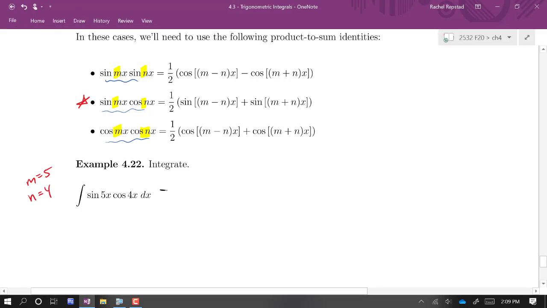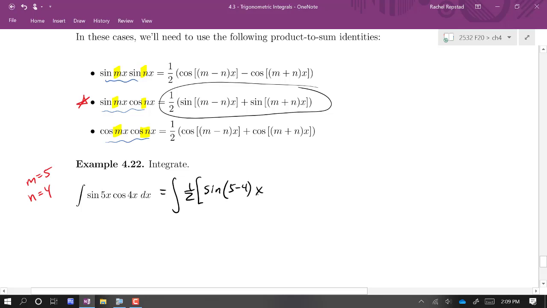And so I'm going to start out just by rewriting the sine 5x cosine 4x using this formula here. So I got 1/2 times sine of m minus n, so 5 minus 4x, plus sine of m plus n, so that's 5 plus 4x, dx.